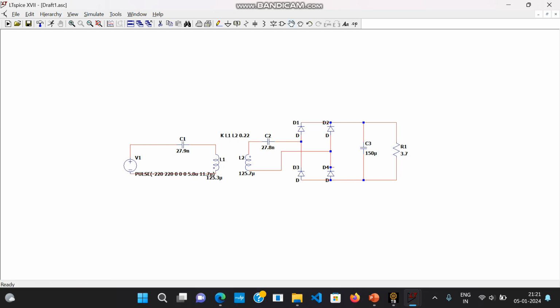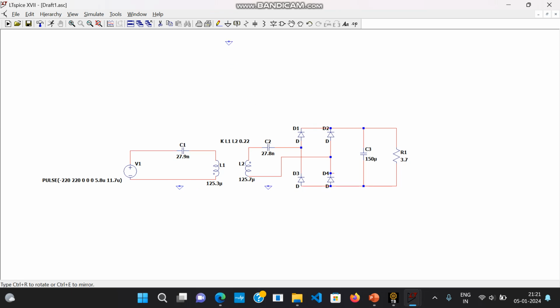Let's move our label aside using the move option. Here we go. Now let's add ground to our socket. Take a wire from here.